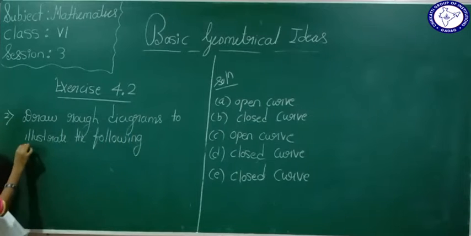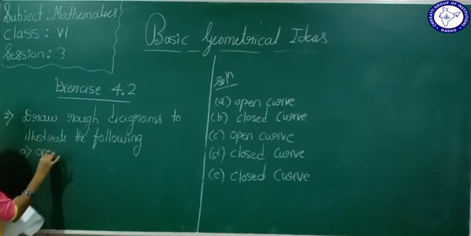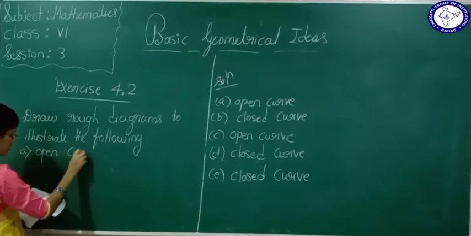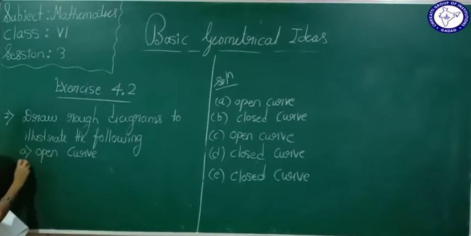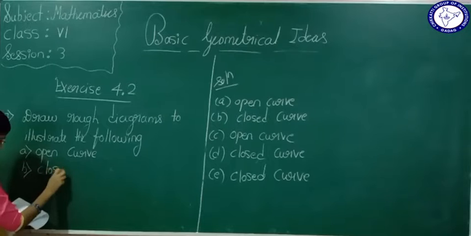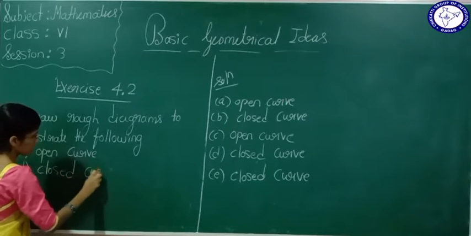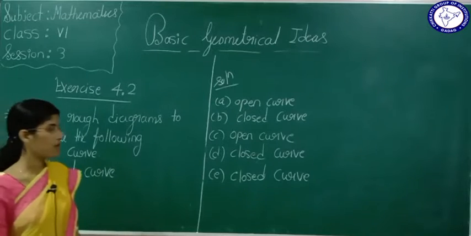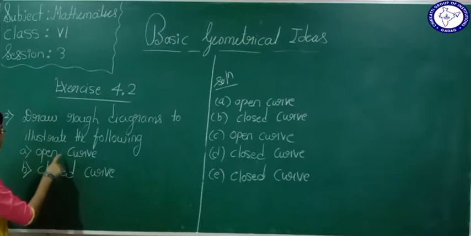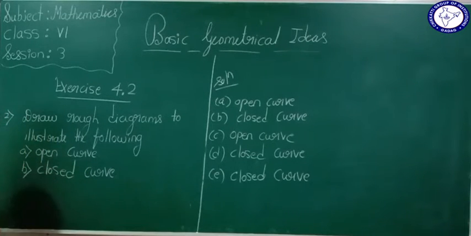First, an open curve and a closed curve. Now what are they telling? Draw rough diagrams to illustrate the following. One open curve we have to draw and one closed curve we have to draw here.